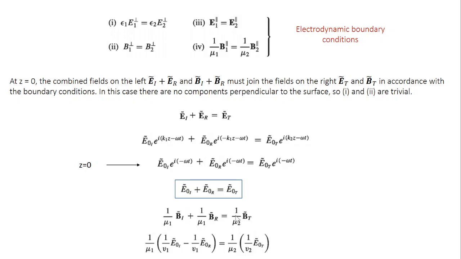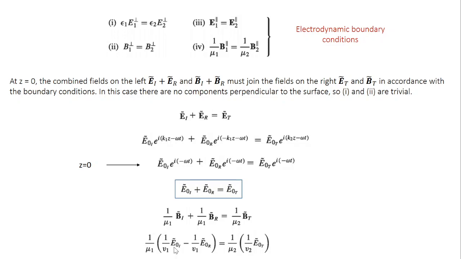You cancel that, then you get 1 over mu1 into 1 over v1 E naught I complex minus 1 over v1 E naught R complex equal to 1 over mu2 into 1 over v2 E naught T complex. Okay. So mu1 v1 is a common denominator on the left hand side. You can take it to the right hand side.